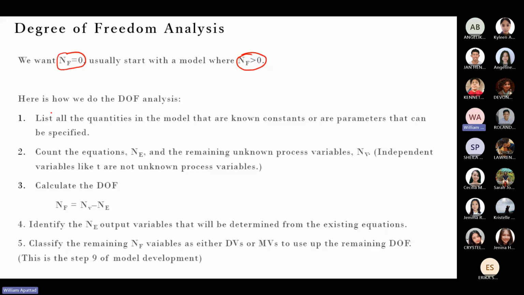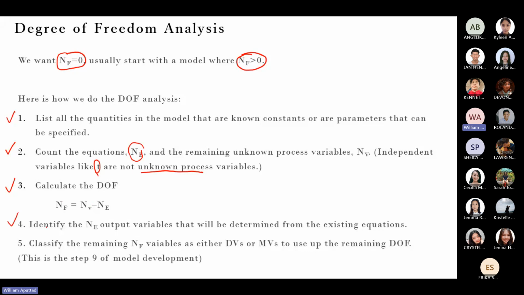So here's how we do the DOF analysis. First, list all quantities in the model that are known constants or are parameters that can be specified. Number two, count the number of equations, the NE, and the remaining unknown variables. Okay, so independent variables like time are not unknown process variables. So third, we calculate for DOF.